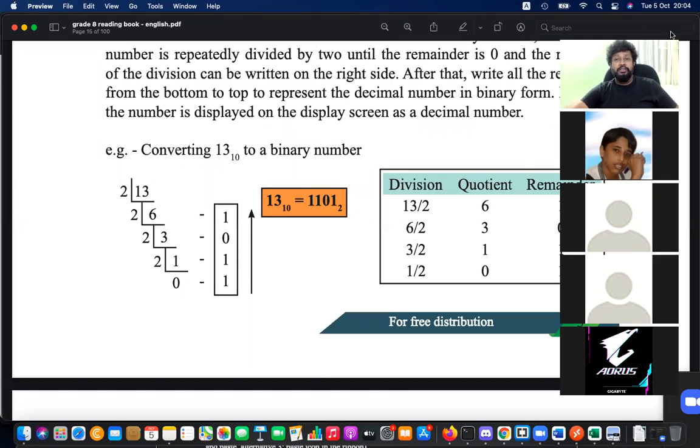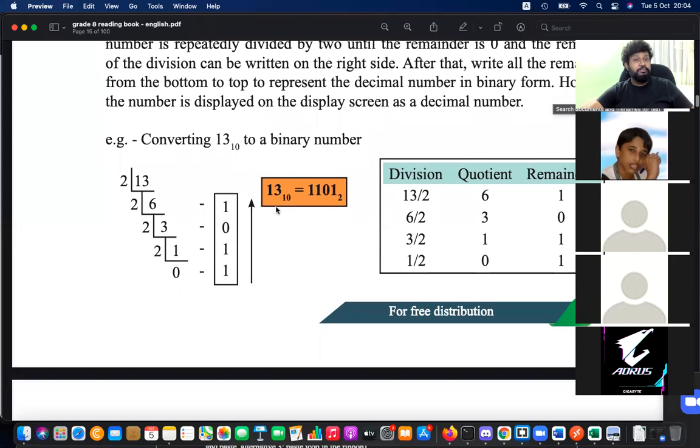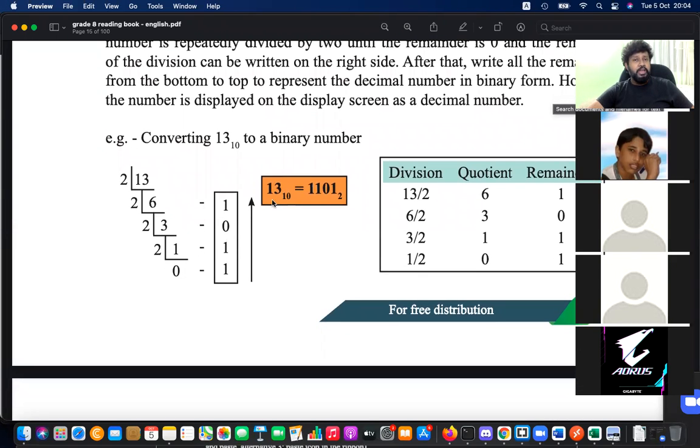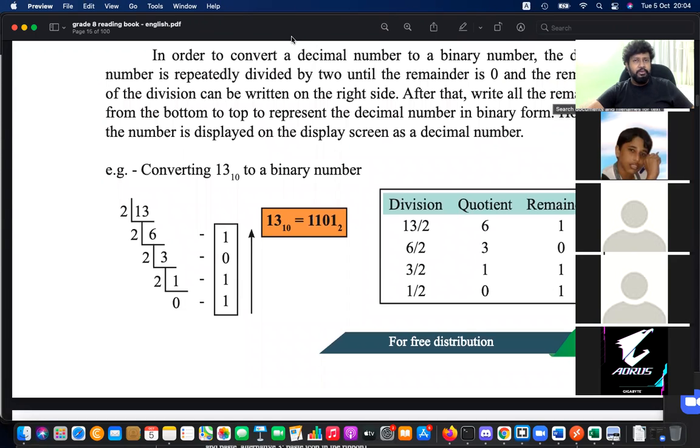To do that, we have to divide that number by 2. Actually, not just this. Let's say you have any number.